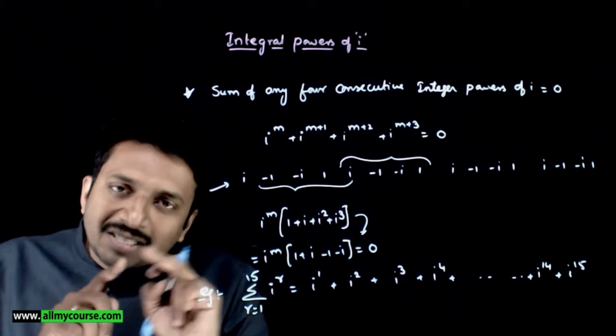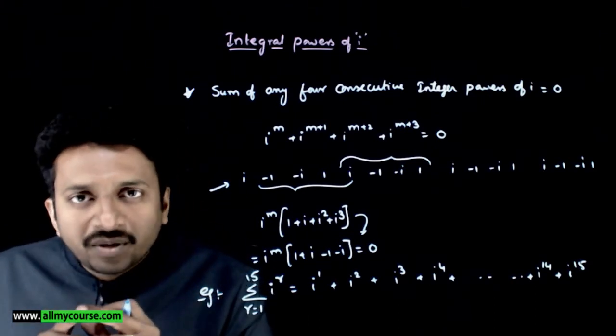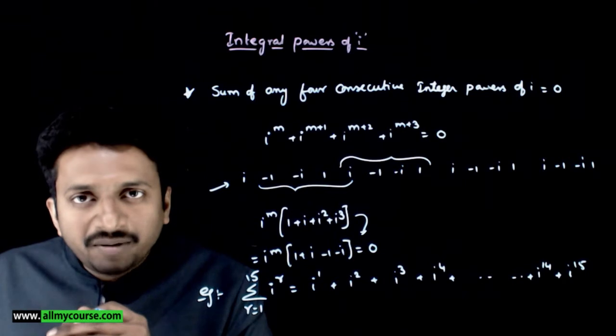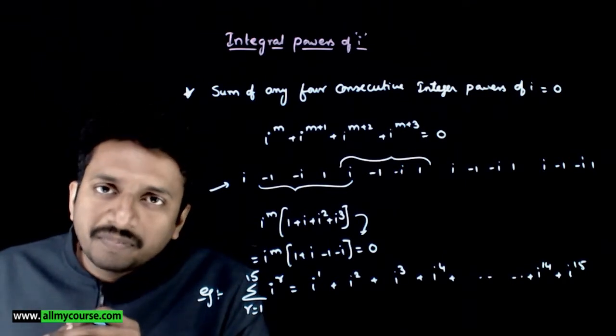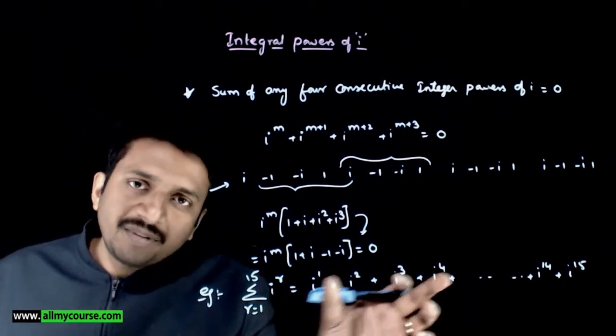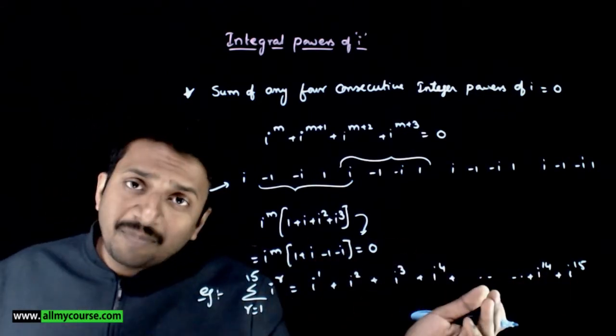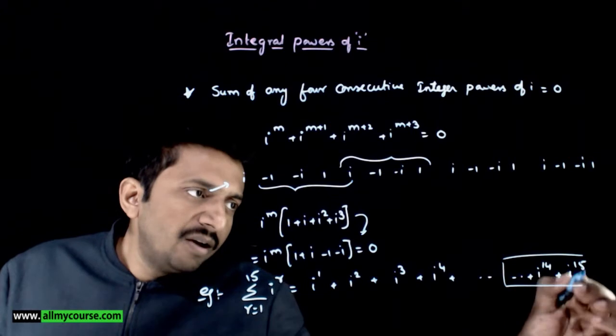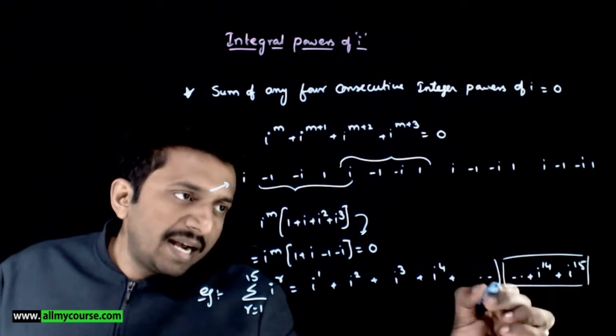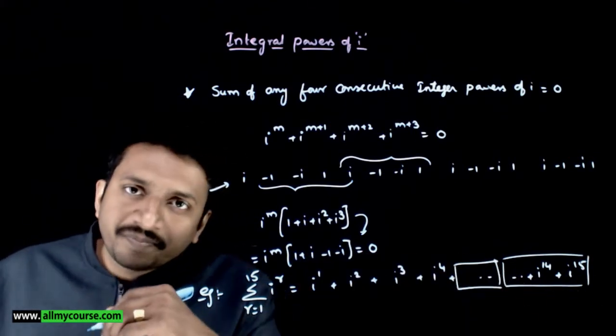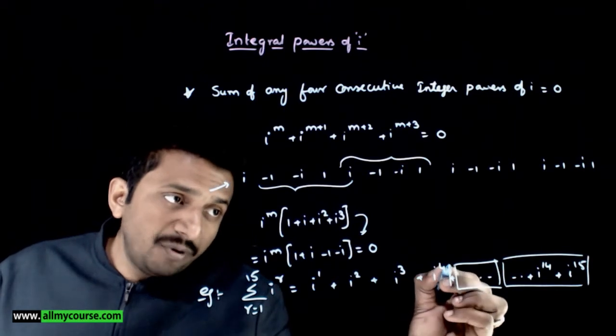So if you just go on pairing 4 and 4 and 4, obviously 12 elements will be paired, 3 elements will be left out. You can start your pairing from the starting, or you can start your pairing from the end also. So let us start pairing from the end. Let me take 4 numbers, and the next 4 numbers, and the next 4 numbers.